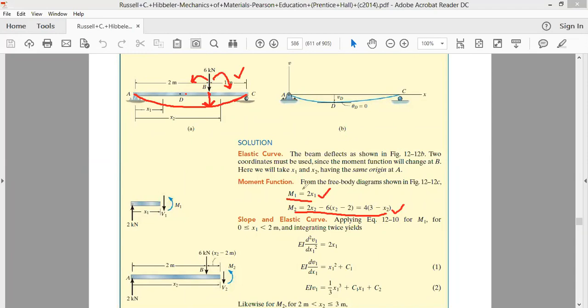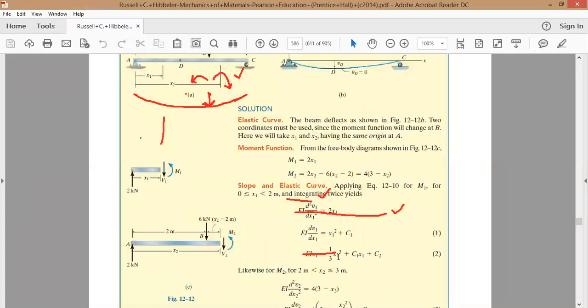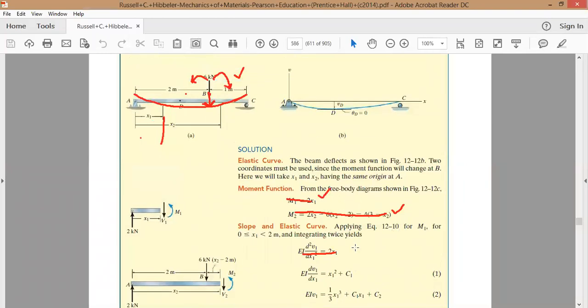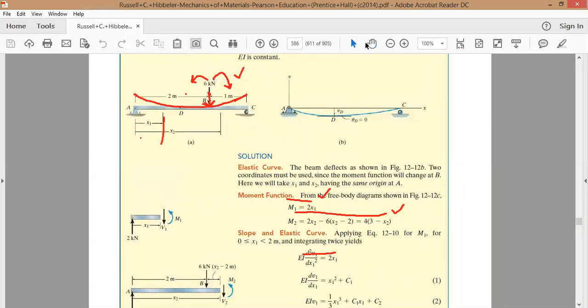So the formula for the deflection curve, that is this formula, is applicable for the left hand side, and another formula, that is this formula, is applicable for the right hand side. But once we are at point B, what should actually happen?